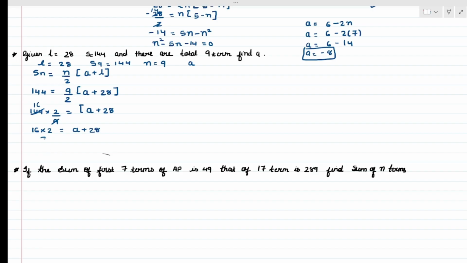So you will get 32 equals A plus 28. Now change sign: 32 minus 28 equals A. 32 minus 28 means you will get 4 equals A. I got my value of A as 4.